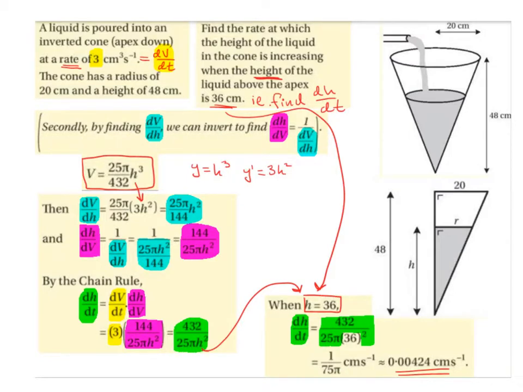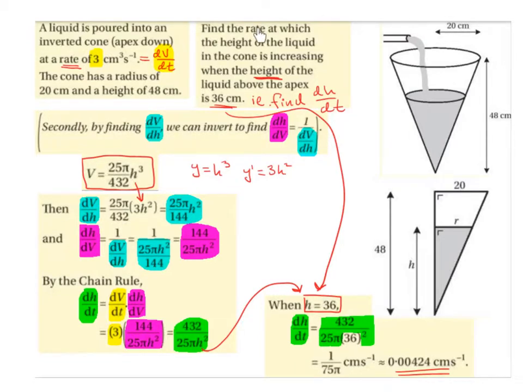Now we were specifically asked for the rate when the height of the liquid above the apex is 36 centimeters. So what we do is let h equal 36. So we swap that h for 36. So dh/dt is 432 over 25 pi times 36 squared, which gives us 1 over 75 centimeters per second, which is approximately equal to 0.00424 centimeters per second.